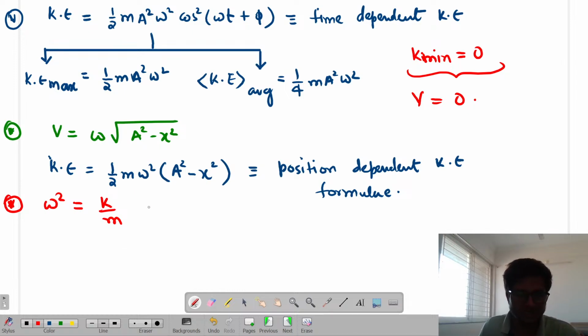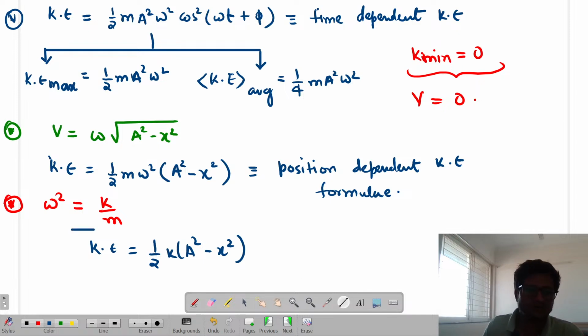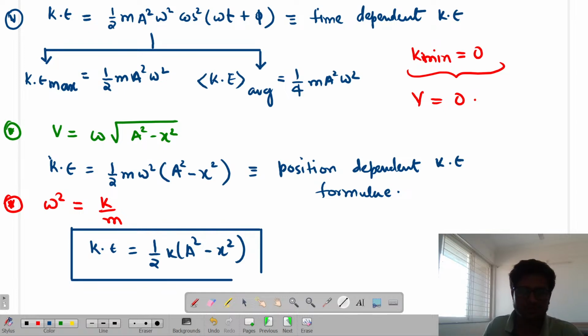What I will get is a simple equation, that kinetic energy in terms of k is written as half k (a square minus x square). This is one more formula of kinetic energy. So we have almost three to four different forms of kinetic energy and we got to know all of them. Is that clear or not? Are my words making sense?